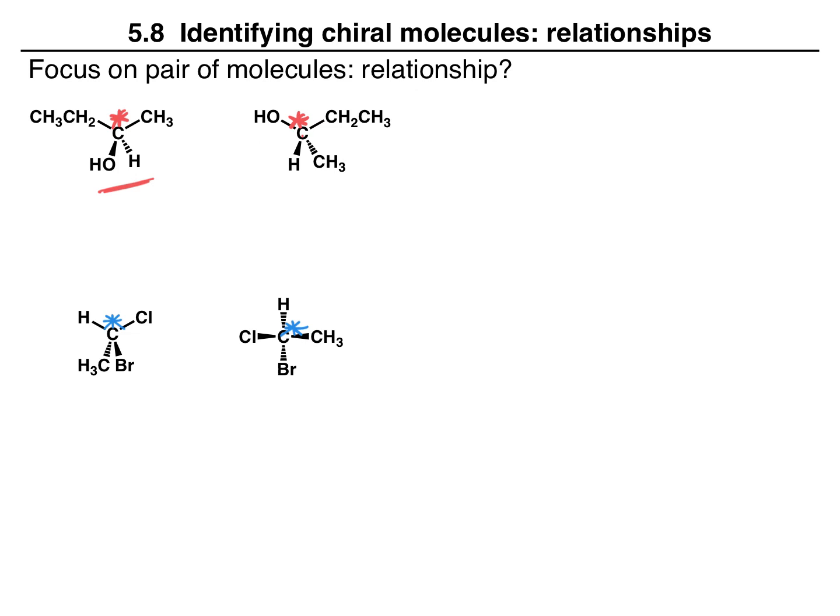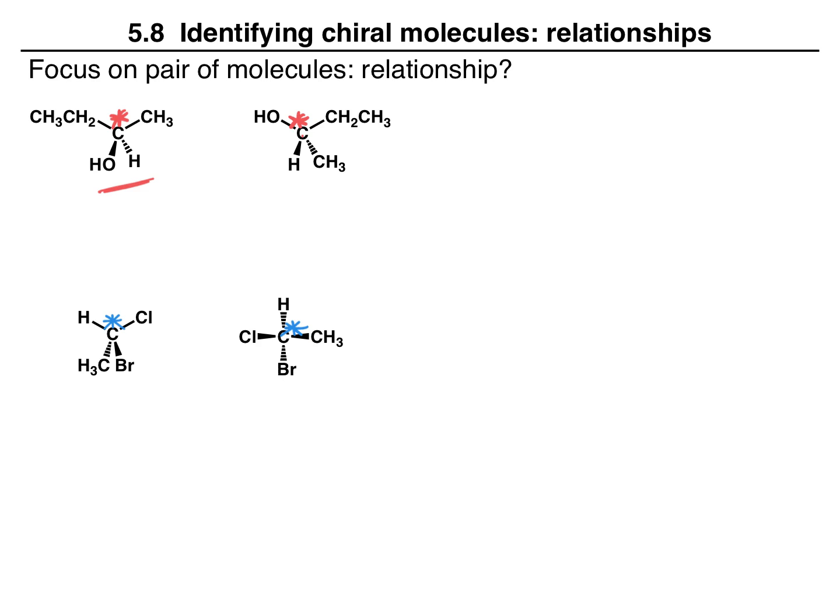But if we don't have that available, we need to be able to manipulate the molecules on paper. So that means we have to imagine lifting them out of the paper, turning them, flipping them, rotating around bonds. And so getting practice doing this is going to be very, very important.